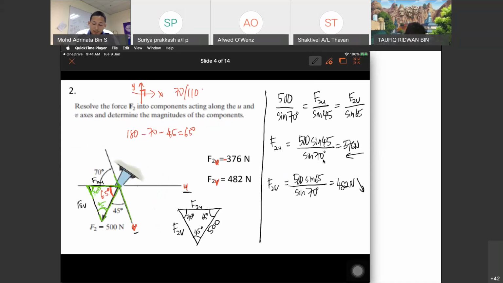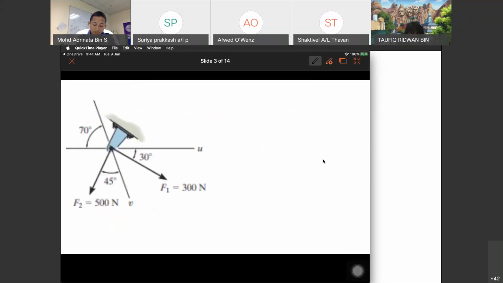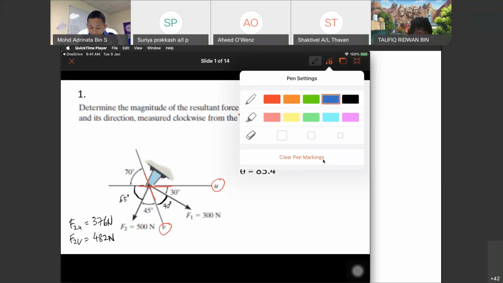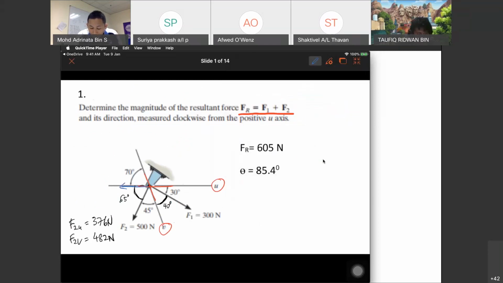Okay, so this is for F2. So we have F2U equals 376 Newton, F2V equals 482 Newton. So we have done this, and this is your F2U, and this is your F2V.